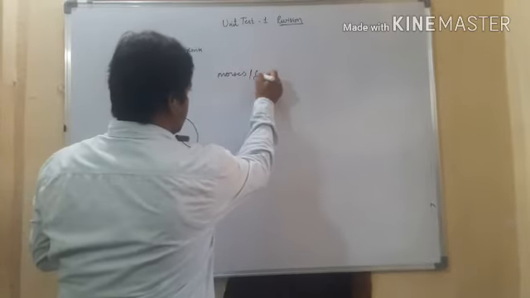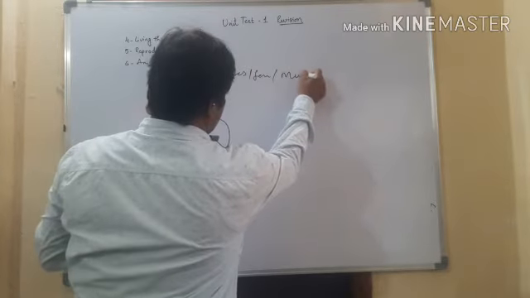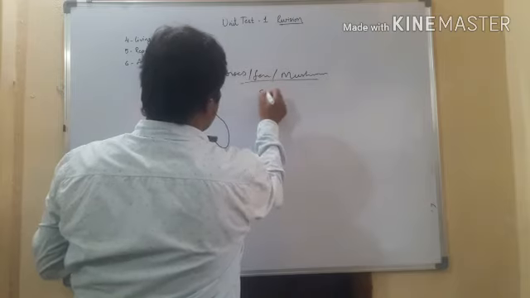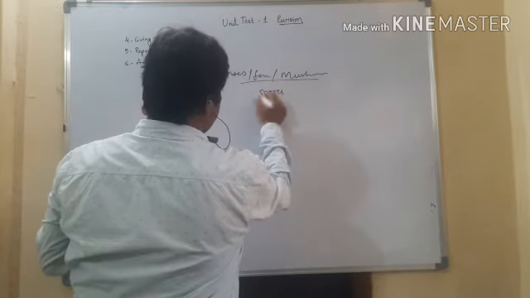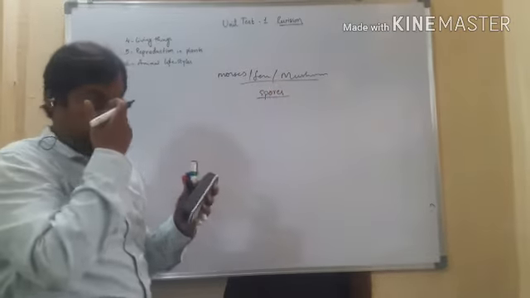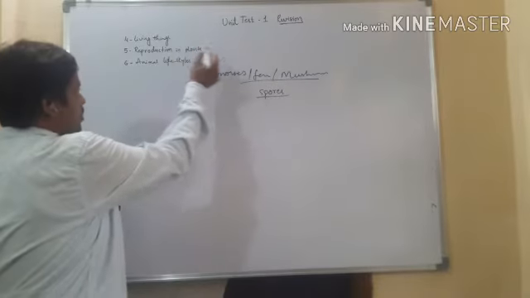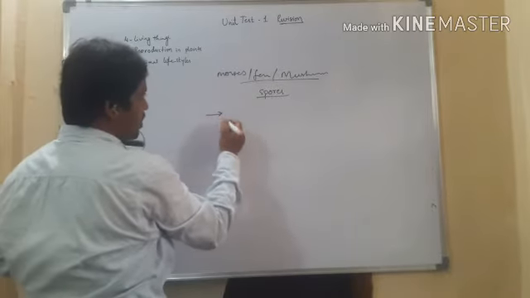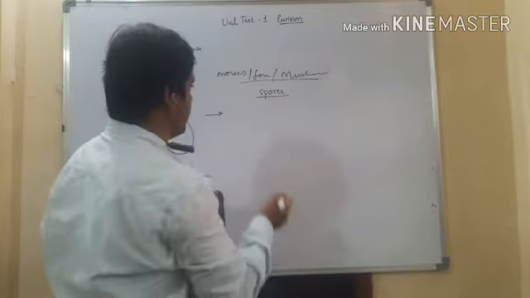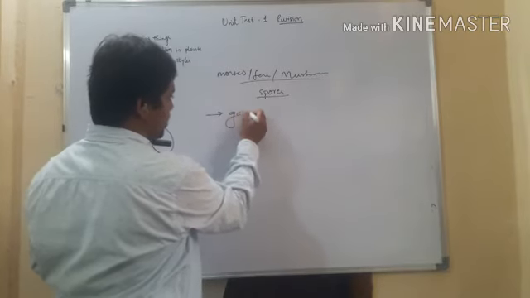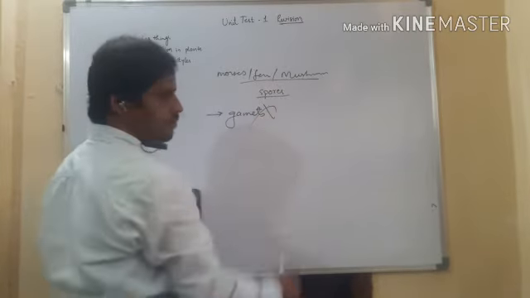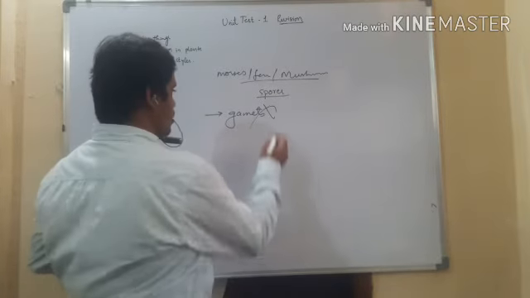So mosses, fern, mushroom produce spores because they are non-flowering plants, they don't have flowers, right. Then another mode of reproduction is asexual reproduction, where there is no involvement of gametes. Right.